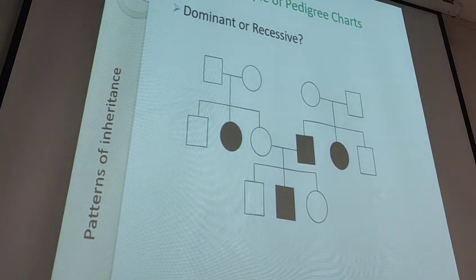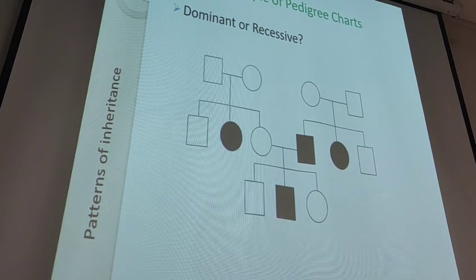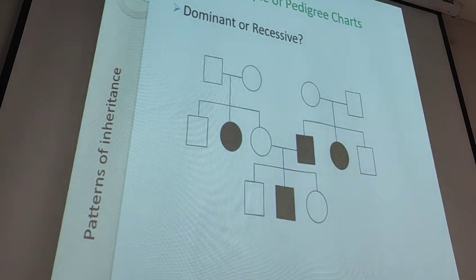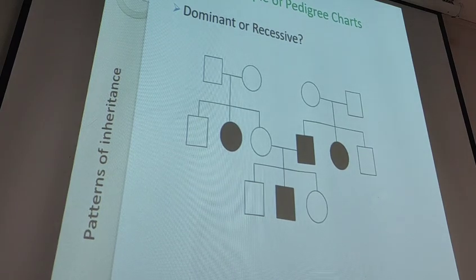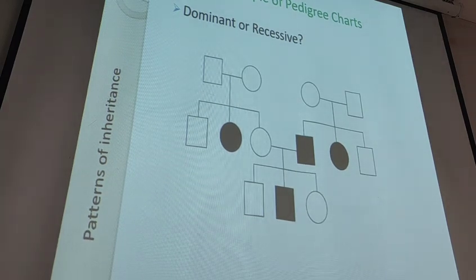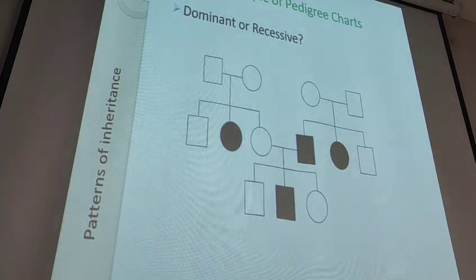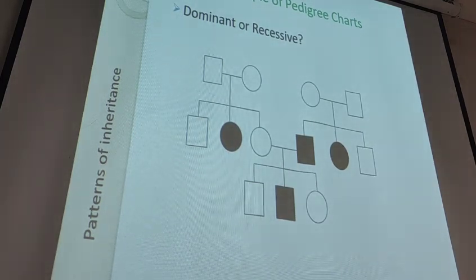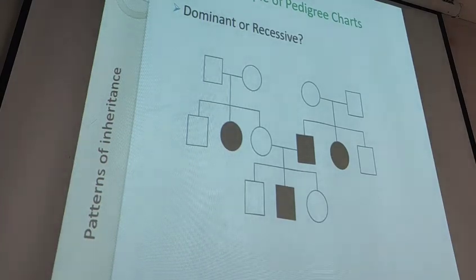As you said, there is a 2 out of 3 chance of being a carrier. So the answer is no. We cannot say this part of the pedigree is recessive and this part is dominant. The pattern of inheritance in this family is autosomal recessive.